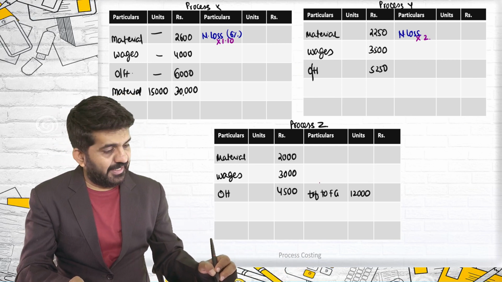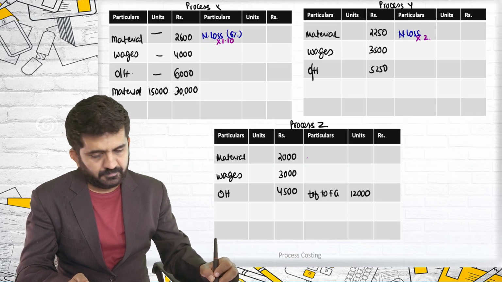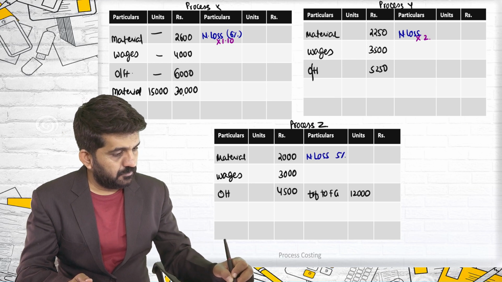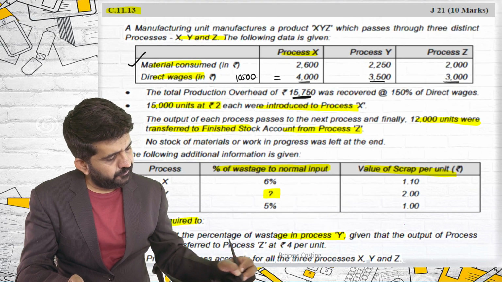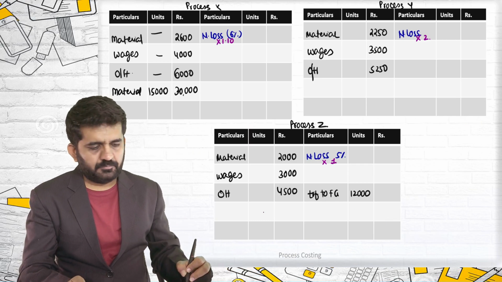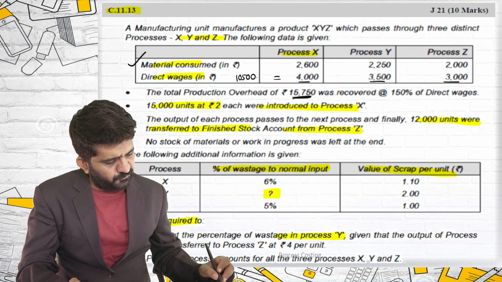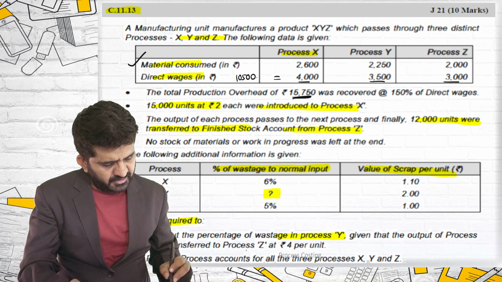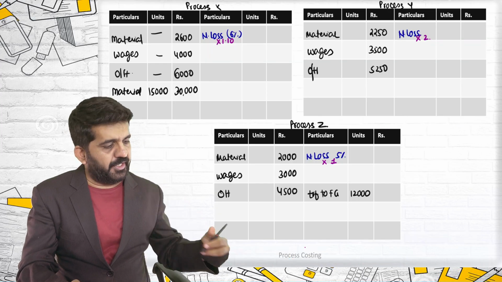And process Z, normal loss is 5%, and will be at the rate of rupees 1. You are required to find out the percentage of wastage in process Y, given that output of process Y is transferred to process Z at 4 per unit.